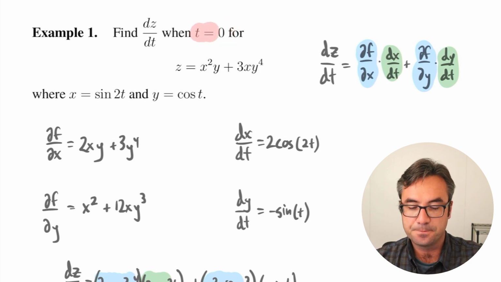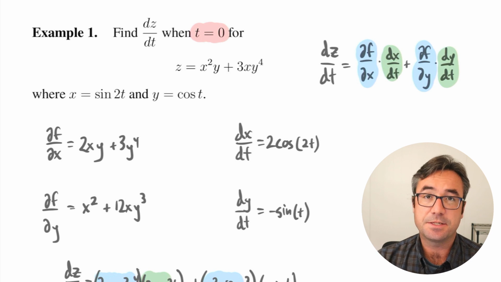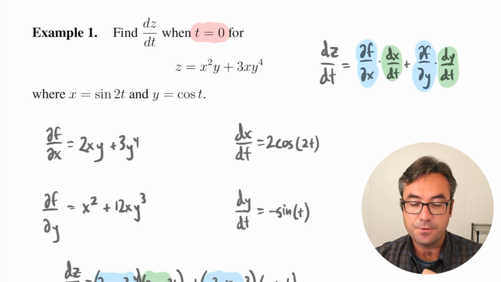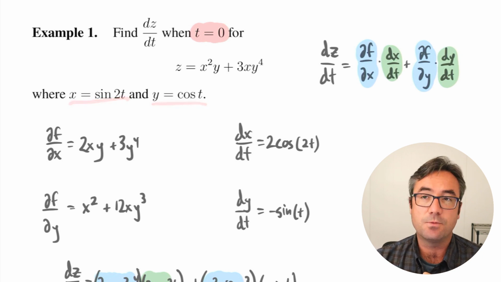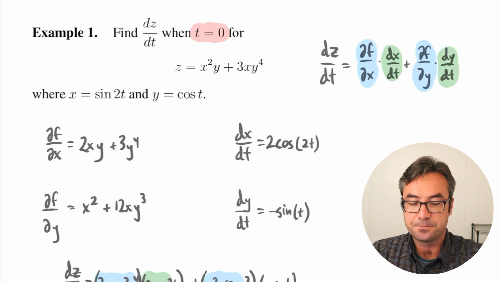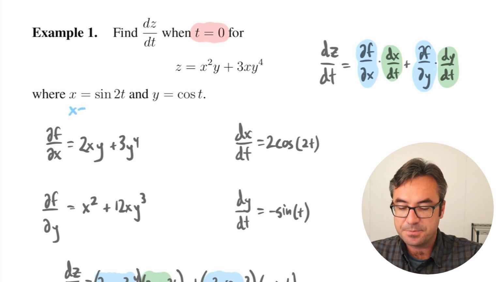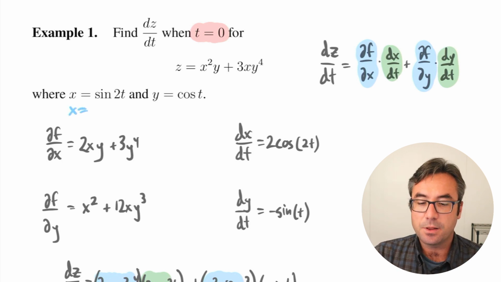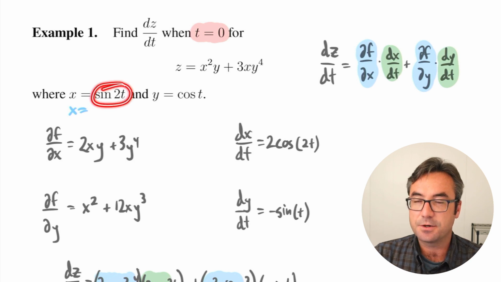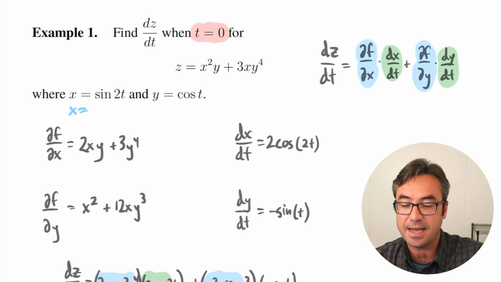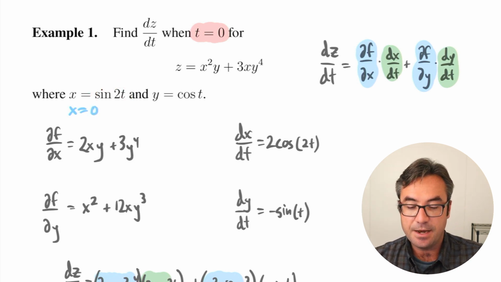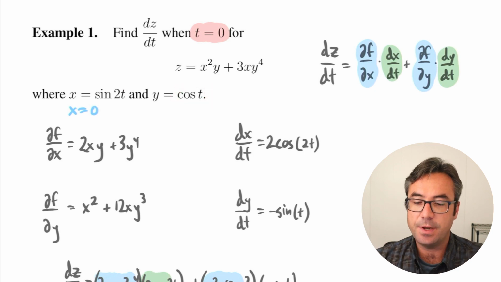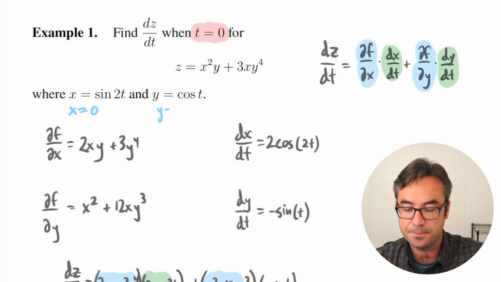So first of all, we can plug in this time value to figure out what the x and y values are. At this specific time, if we plug 0 into our sine of 2t function, that tells us x is 0. And if we plug into our y equation, we get y is equal to 1.